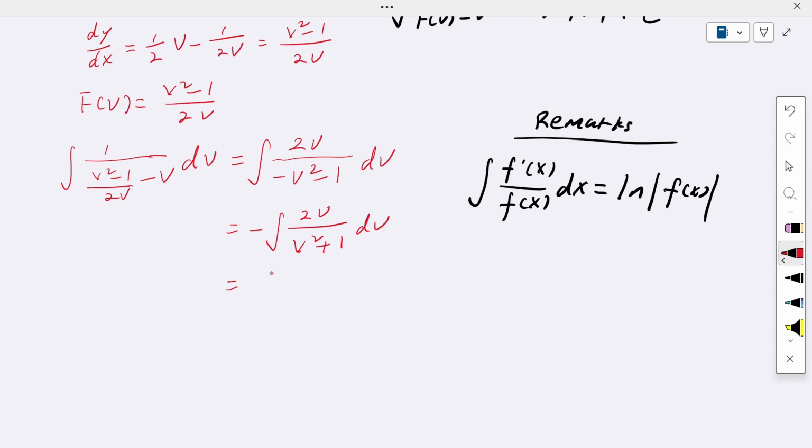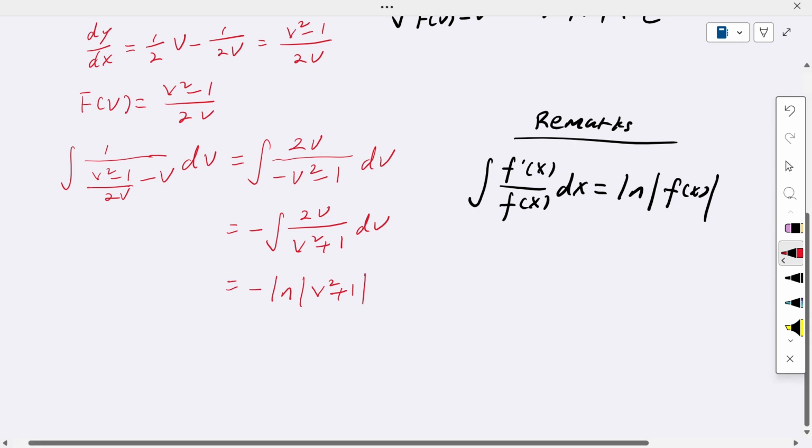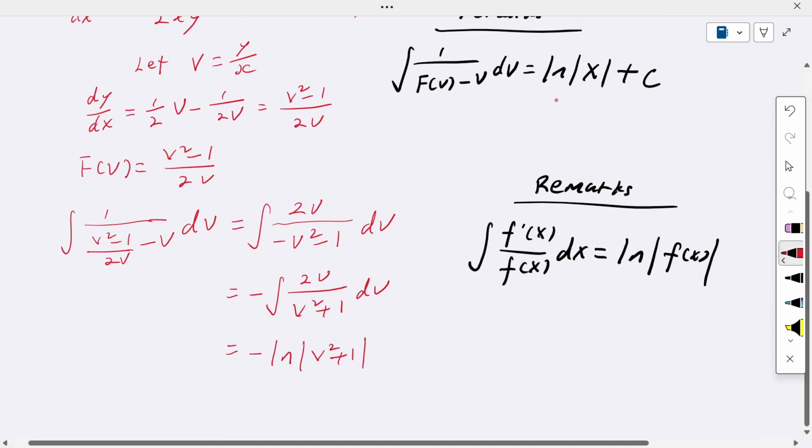The integration of this gives us minus ln(v squared plus 1). Now we have this integral, and it is equal to ln x plus c.